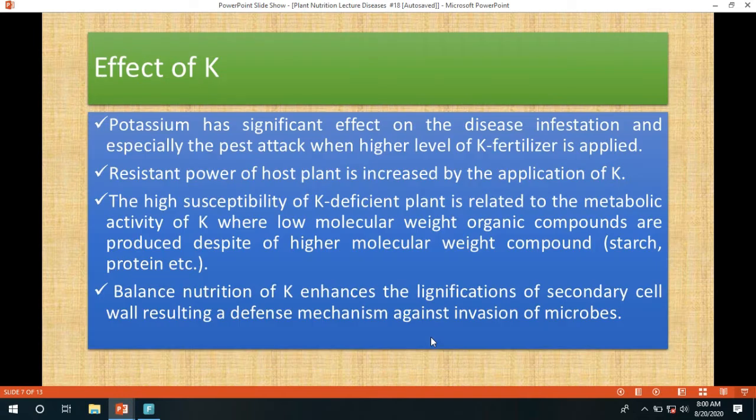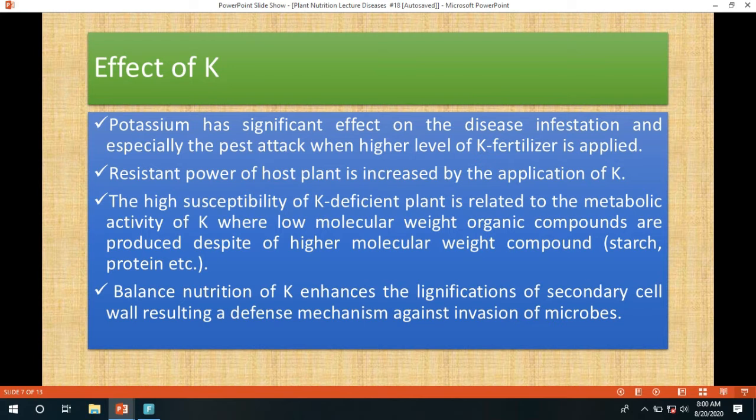Next, the effect of potassium. Potassium has a significant effect on disease infestation and especially pest attack when a higher level of K-fertilizer is applied. The resistance power of the host plant is increased by the application of potassium.